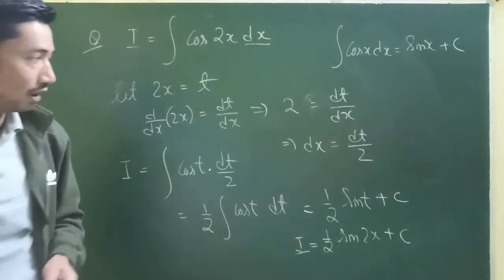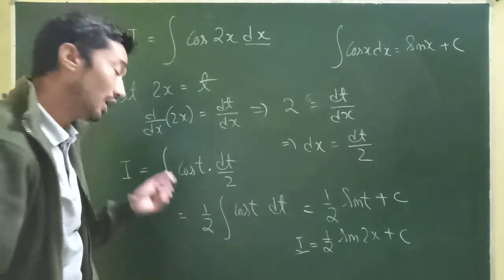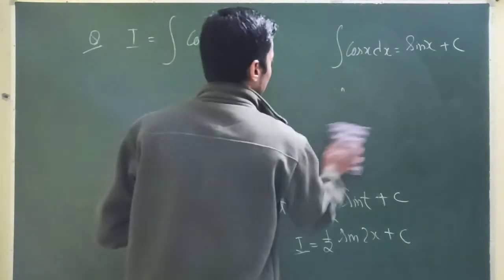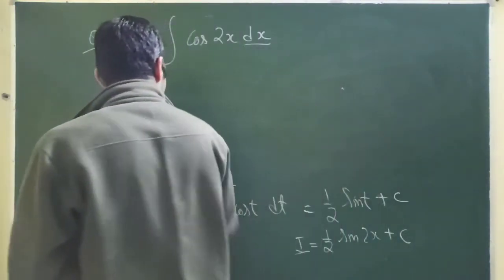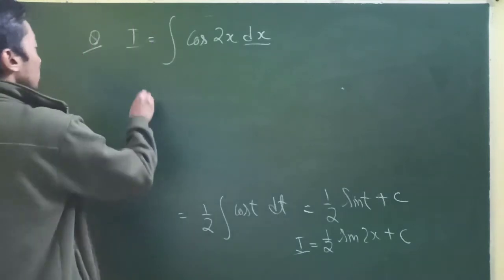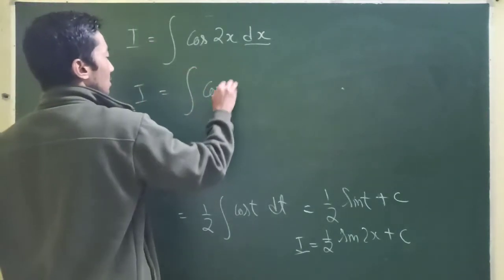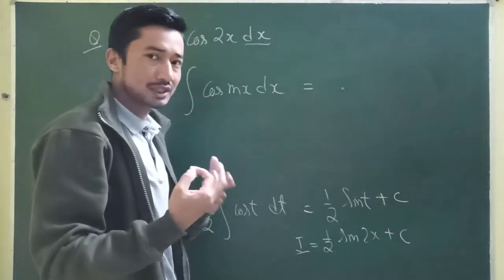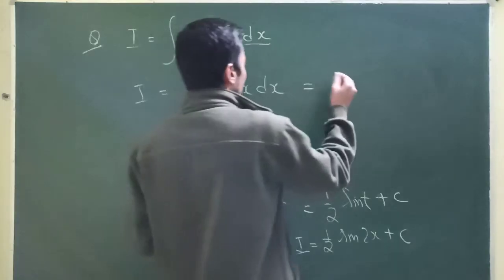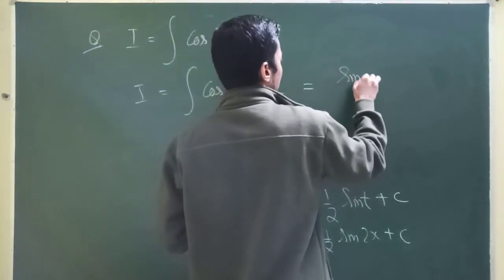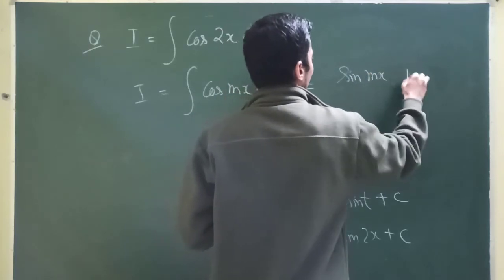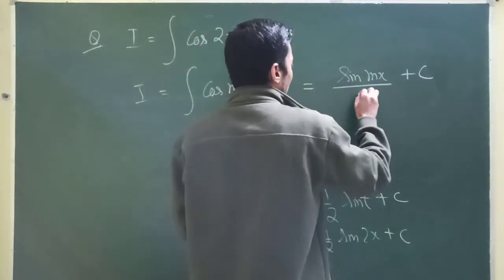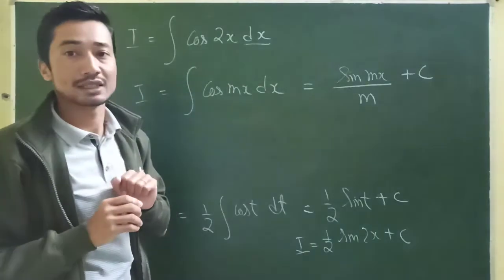Got it? Now for this also I'll give you another shortcut formula. It's almost the same as the first formula that I gave you. When you have integration of cos mx with respect to x, what you can do is the same concept as the first part: just ignore this mx, just integrate, that is sin of mx plus c, but divide the value by the coefficient of x, that is m.